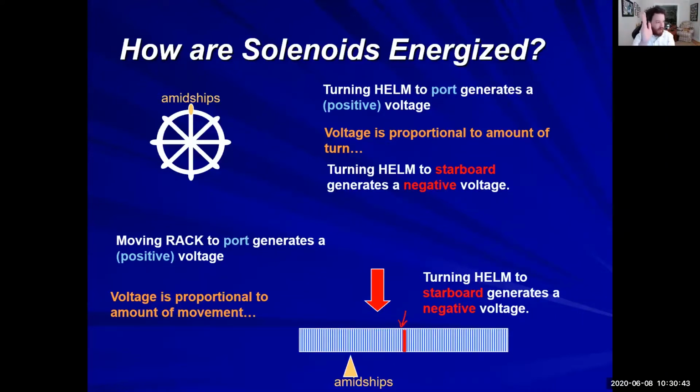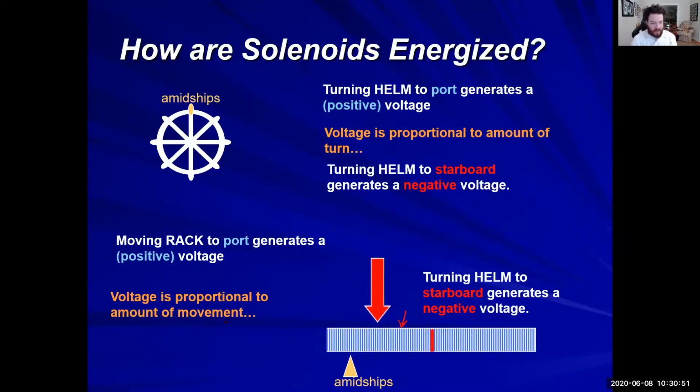The actual rudder wants to be at 0. Again, since it's proportional to the amount of movement of the helm, the more movement we have with the helm, which means we want a bigger turn, which means we're going to have a higher voltage or a bigger negative voltage, depending, we are going to have more movement on our rack.